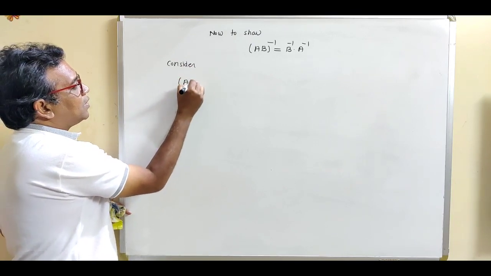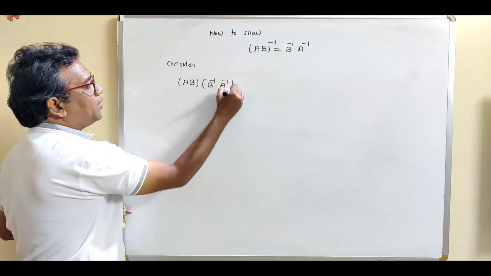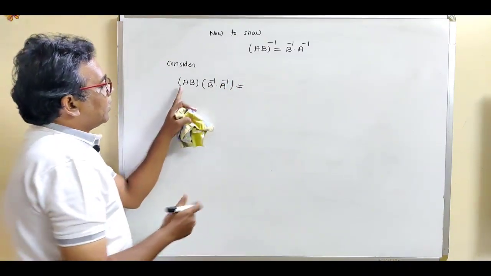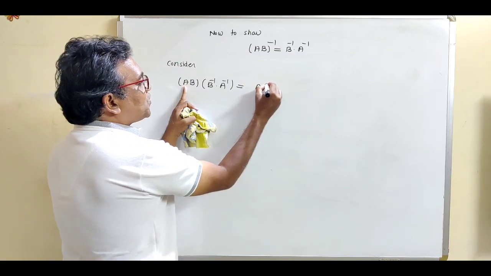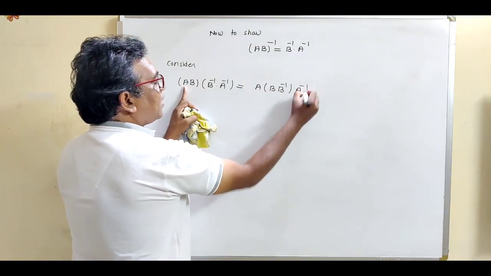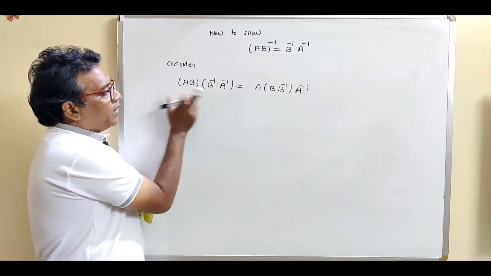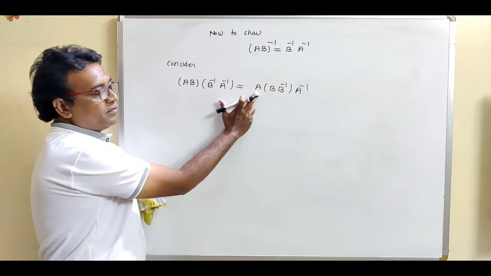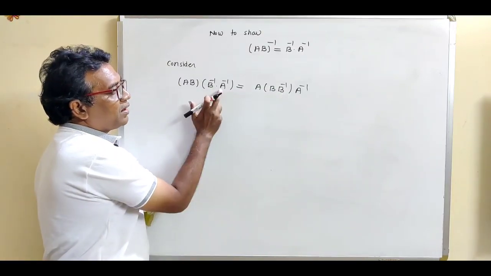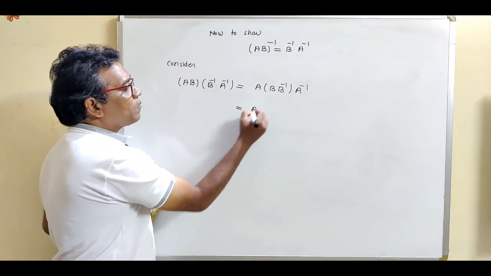Consider the product AB into B inverse into A inverse. Now let us find out this product. Now associate B and B inverse in one bracket, write this A and A inverse as it is. How to write this product? Just write down this A as it is, associate B and B inverse in one bracket and this A inverse as it is. So simplify this term, this is A.